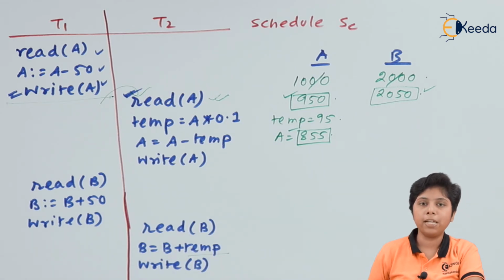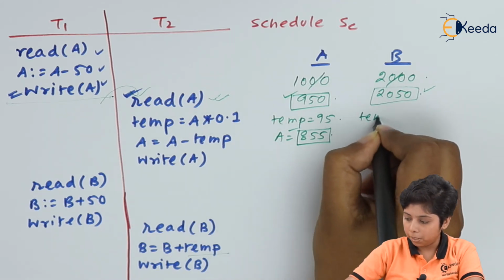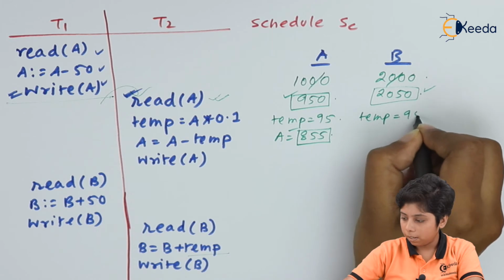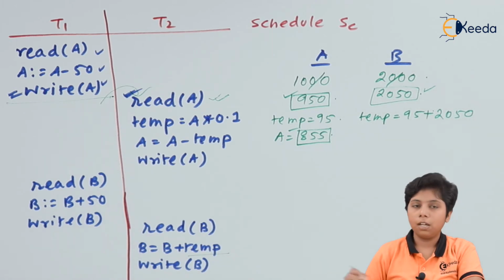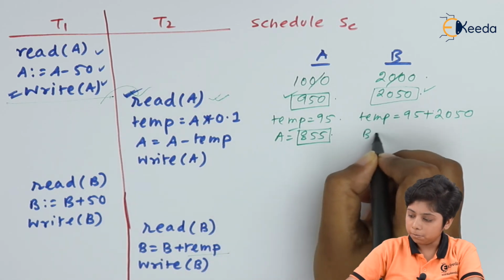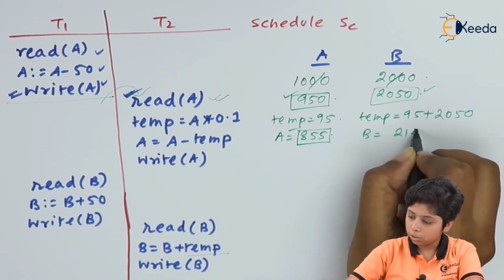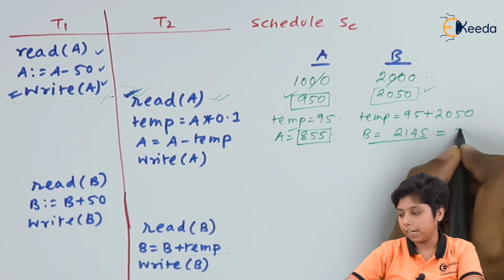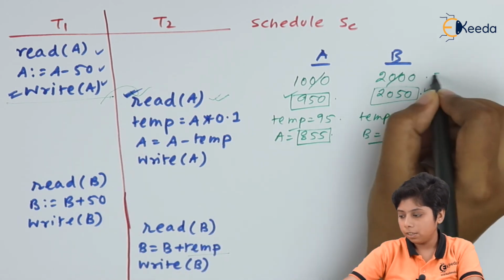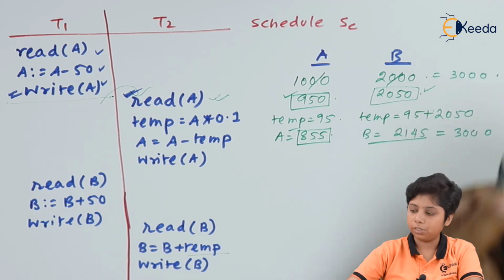So temp is 95, which is added to 2050, and B becomes 2145. Now we can see that we reach a state where the sum is 3000, and the initial sum was 3000.